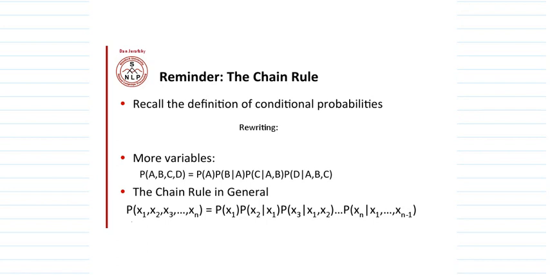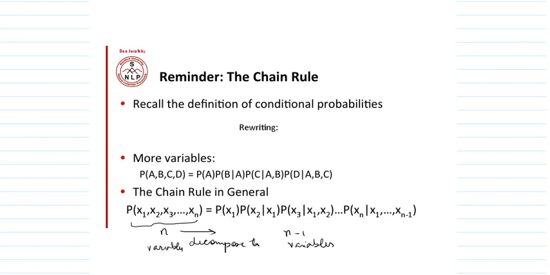This is the probability of n variables, and we decompose it to the probability of n minus 1 variables. So in this way we can reduce it.